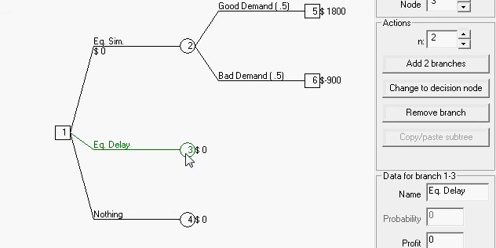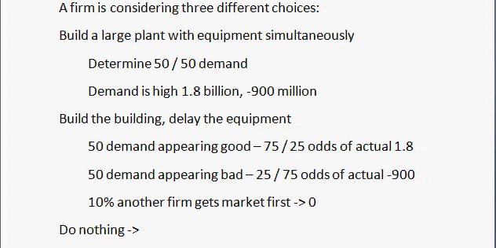Now if we delay, notice we've got this. The first thing we need to resolve is that if we delay, we have a 10% chance that another firm gets to the market first, and we get nothing. So let's take care of that right away. Now, you wouldn't have to do it that way. We could have the demand appearing first.